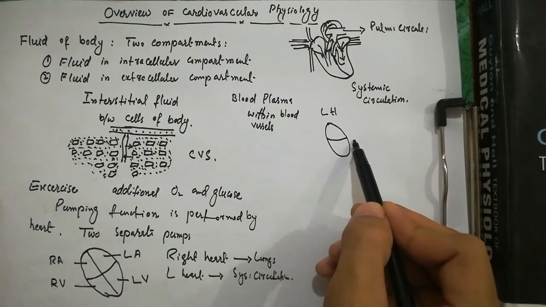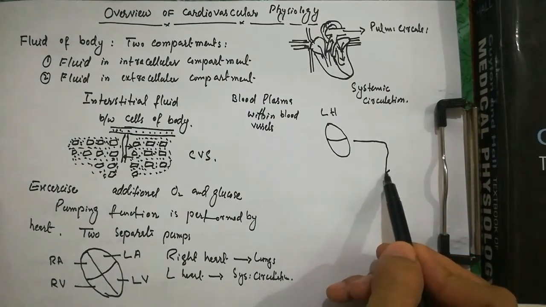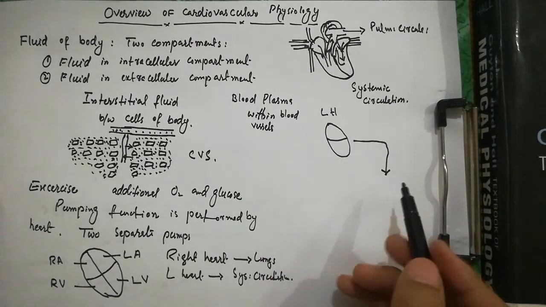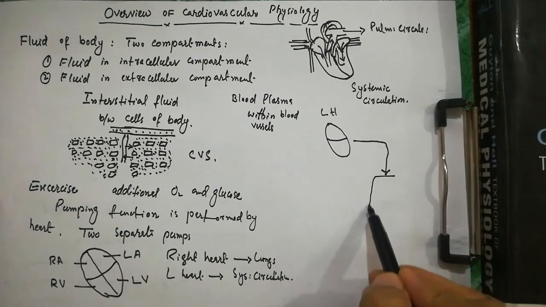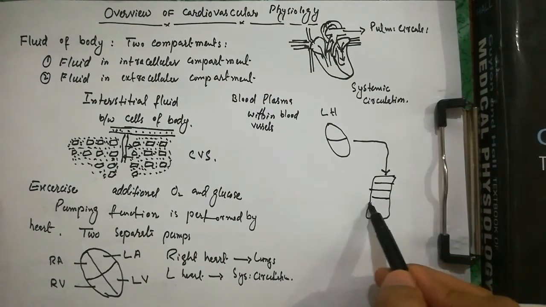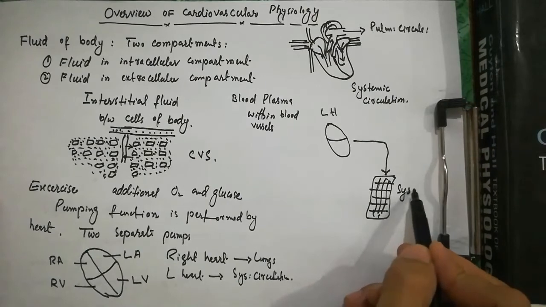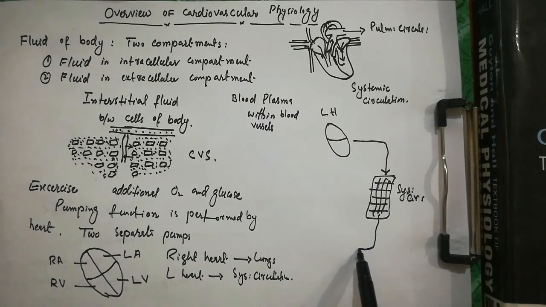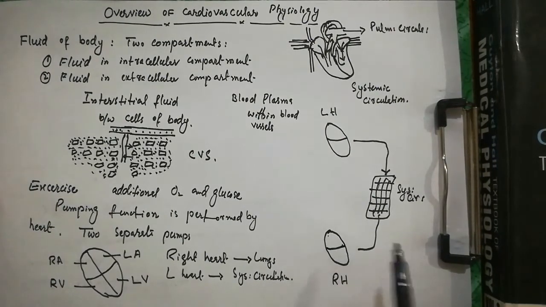The left heart pushes blood into the systemic circulation, and from the systemic circulation blood comes into the right heart.